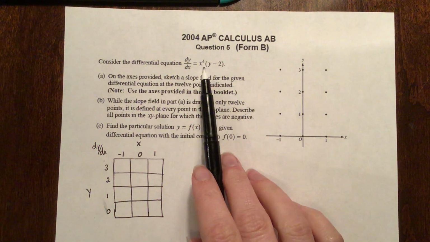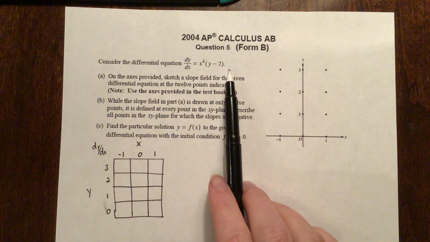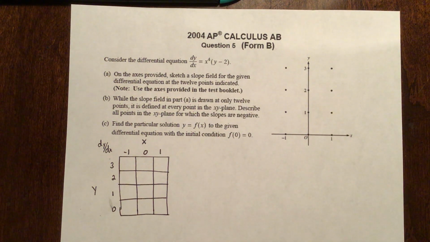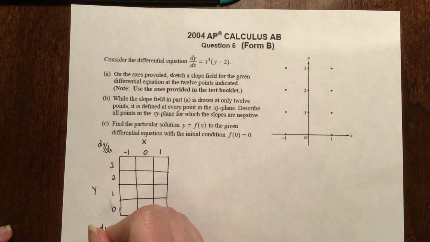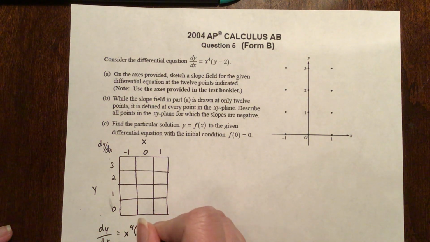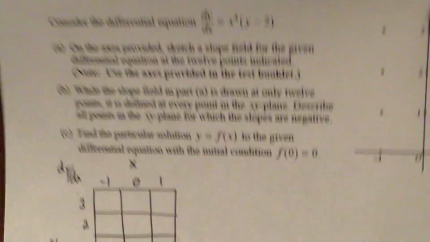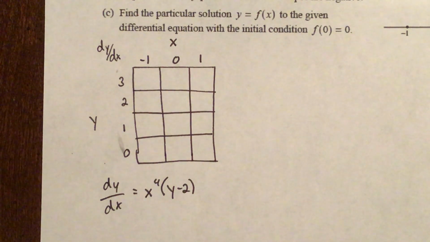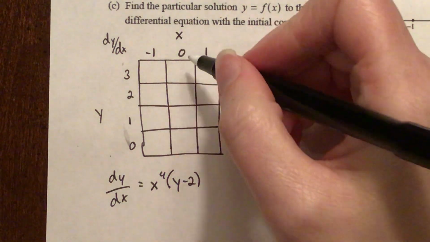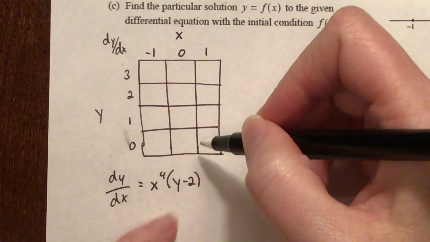Okay, our function is dy dx equals x to the 4th times y minus 2. And I rewrite that over here. dy dx equals x to the 4th times y minus 2. I like plugging in 0 for things. Let's start by plugging in 0 for x. Now I've got a spot for everything. I know where all of my stuff goes.